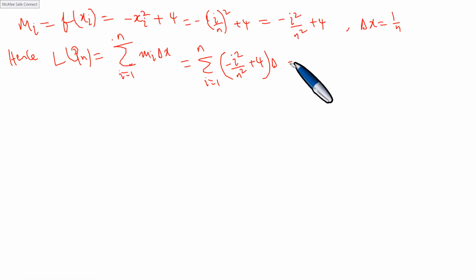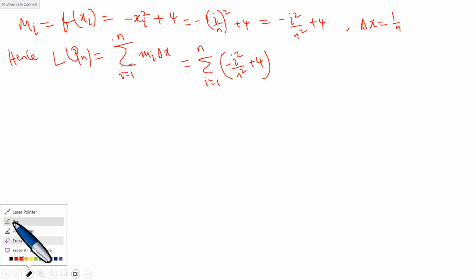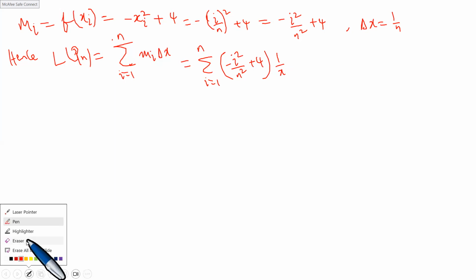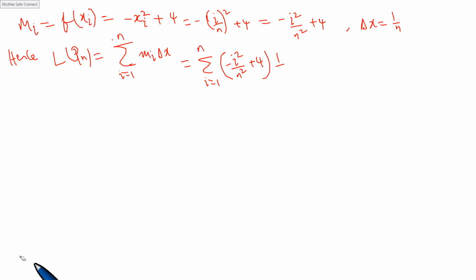The delta x is 1 over n. So now we can multiply through.